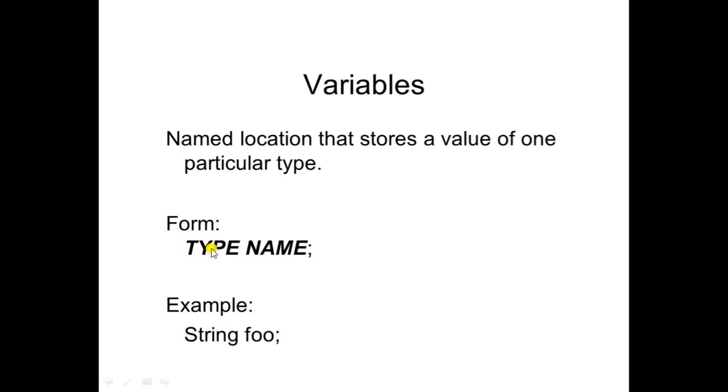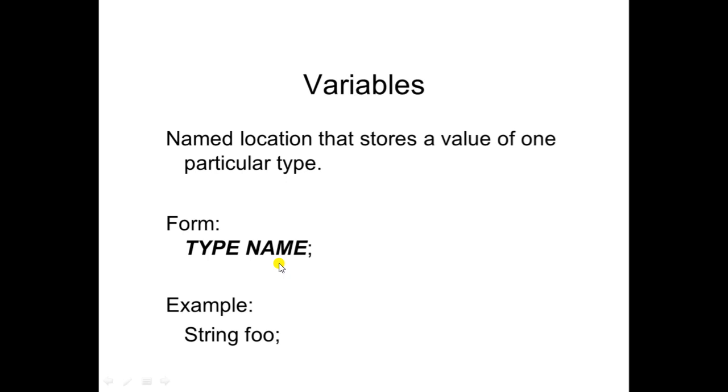It can be int, it can be double, it can be string, and then the name. Here this name will be the identifier, so you need to follow the rules for identifiers. In short, about the rules for naming identifiers, it cannot start with digits or numbers and symbols. It can start with letters only, and some special characters.